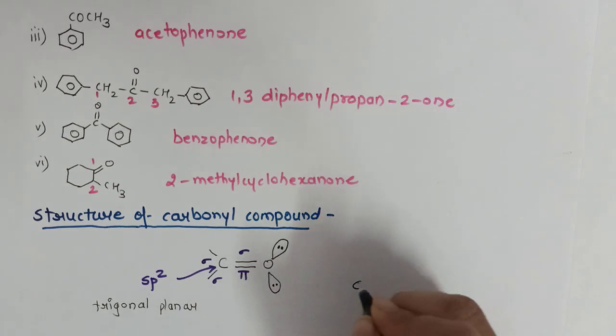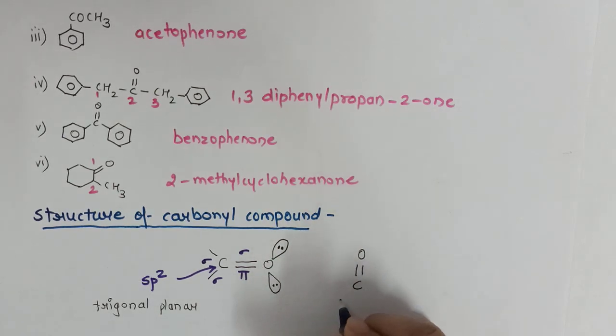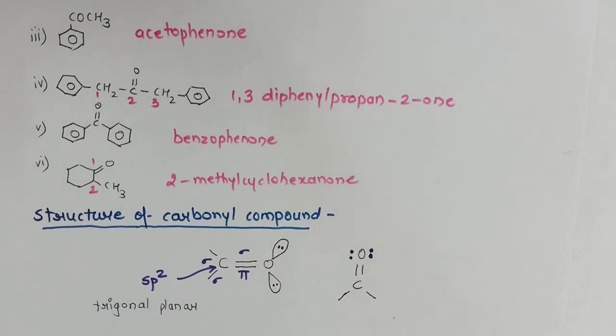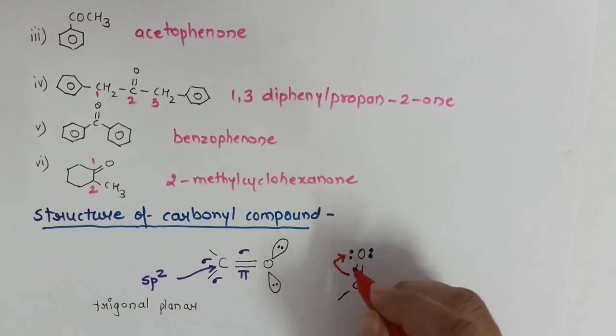Now, since oxygen has 2 lone pairs on it, as well as oxygen is more electronegative than carbon, this bond becomes polar. It develops a resonating structure.